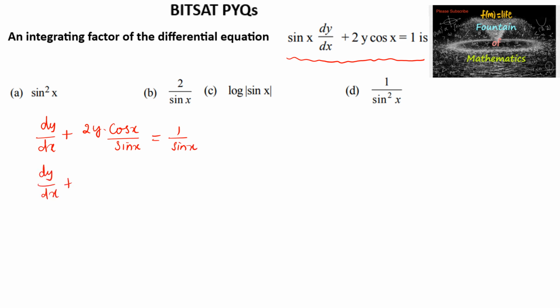So dy/dx + 2 cot x times y = cosec x, which is in the form dy/dx + p(x) y = q(x).